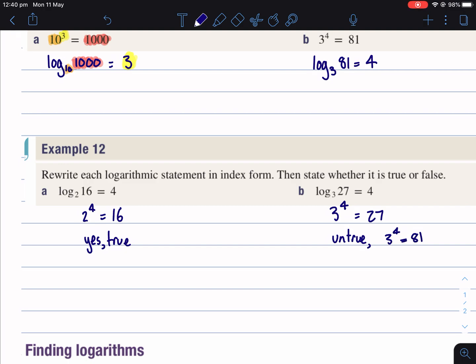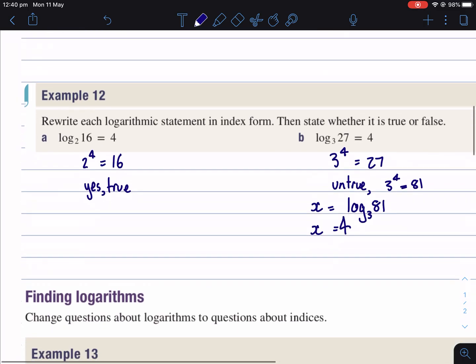So for example, if we had x equals log base 3 of 27, then the answer x equals 3, because 3 to the 3 is 27. Or if we'd had x equals log base 3 of 81, x would have been 4, because you're trying to find the power it was raised to.